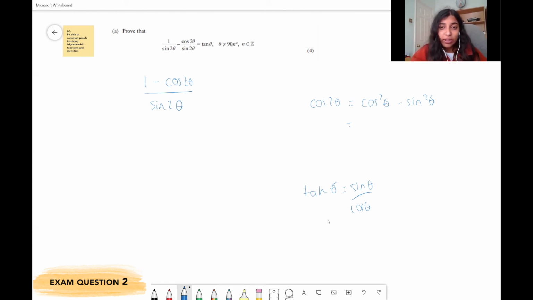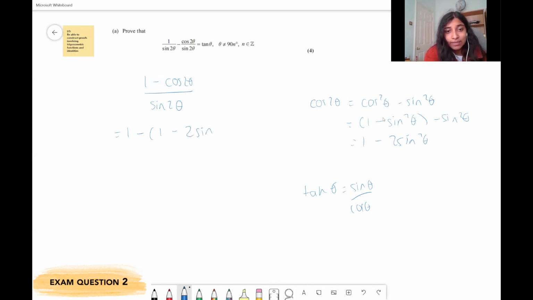So we can rewrite this as 1 minus sine squared theta minus sine squared theta, because remember that sine squared theta plus cos squared theta is just equal to 1. So that's just equal to 1 minus 2 sine squared theta.